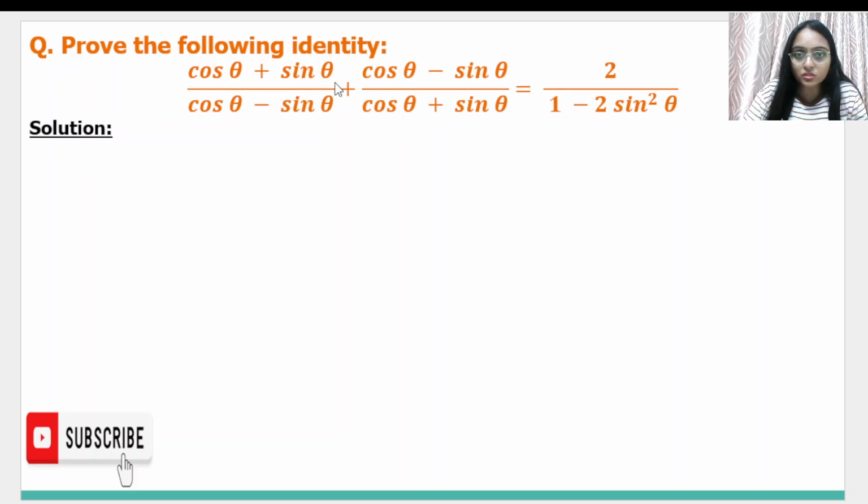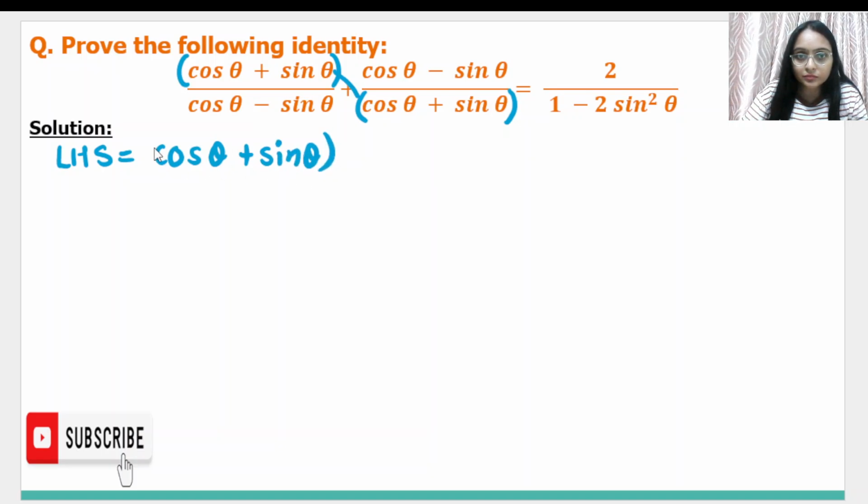So when we do cross multiplication, this entire thing will be multiplied in the numerator. So as they are same, we will just write it as cos theta plus sin theta the whole square.